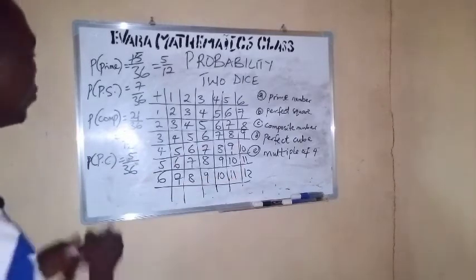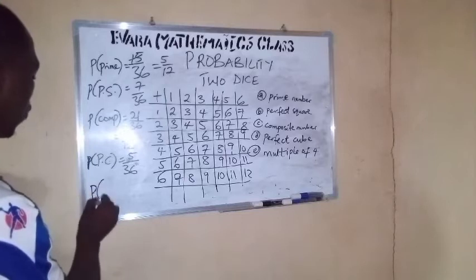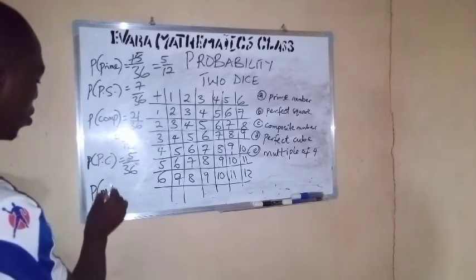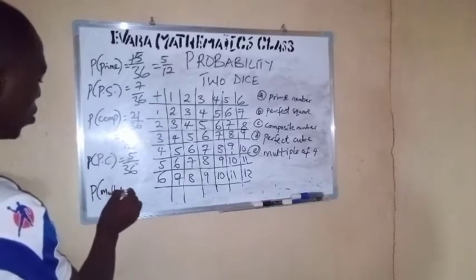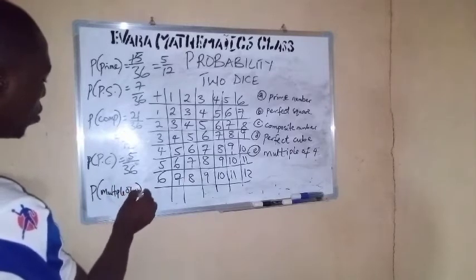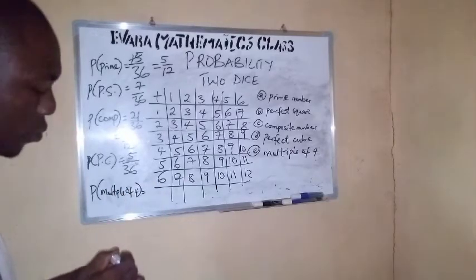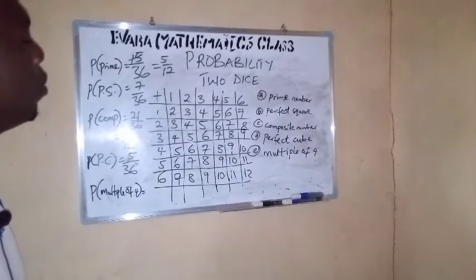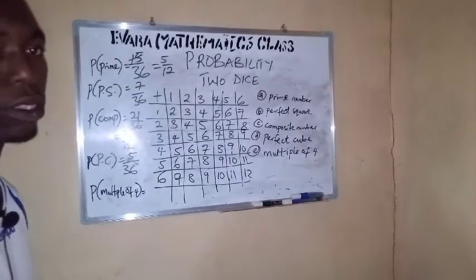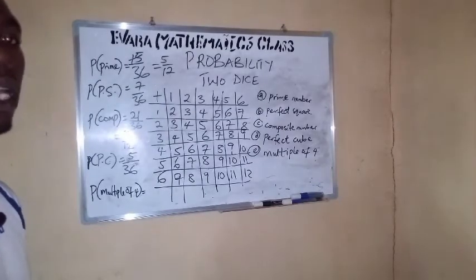The last one is the probability of getting a multiple of 4. The meaning of that is numbers that 4 can divide.